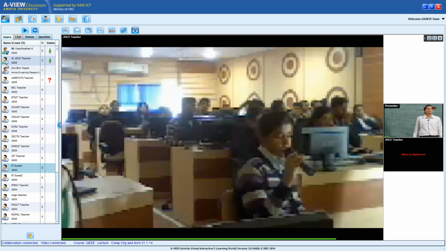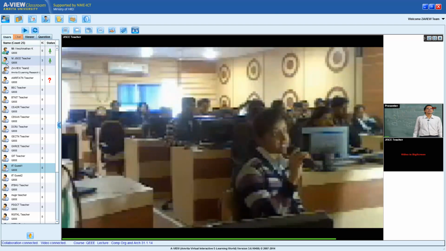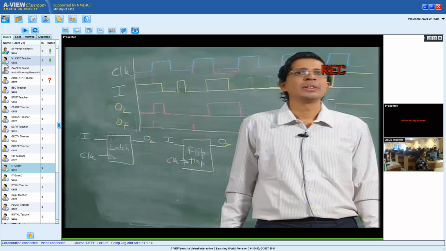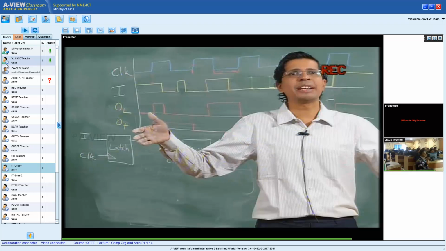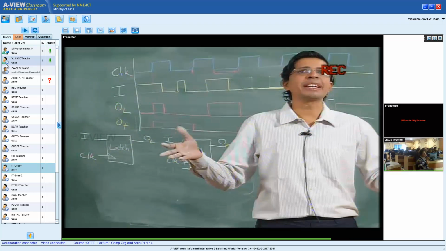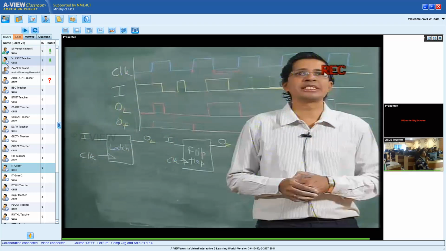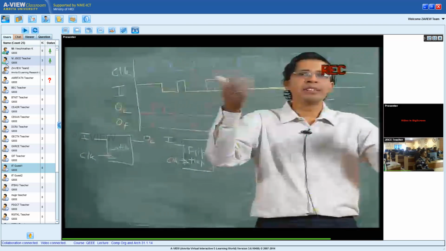Yes, sir. But how to store that 16 bits in the register R out? You can see there are only 4. So the register can hold the maximum number of bits. The multiplier gives you the maximum number of bits, which is 16.